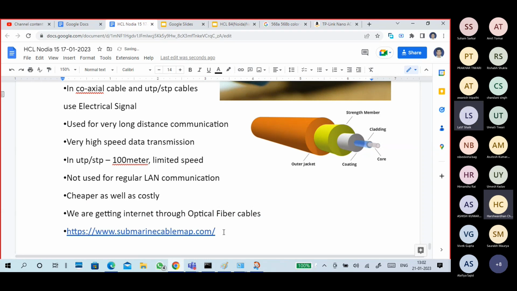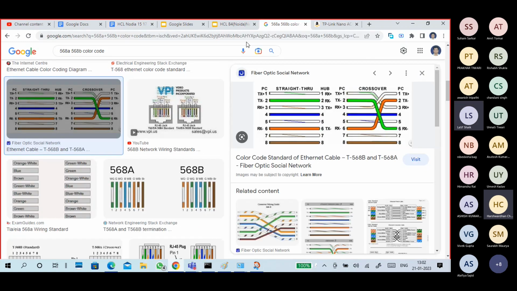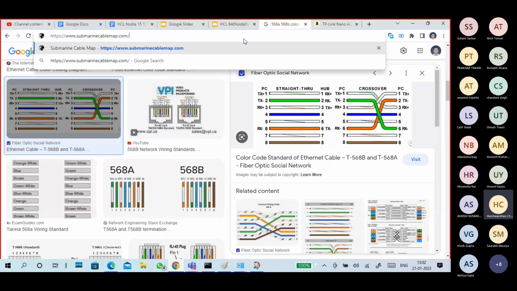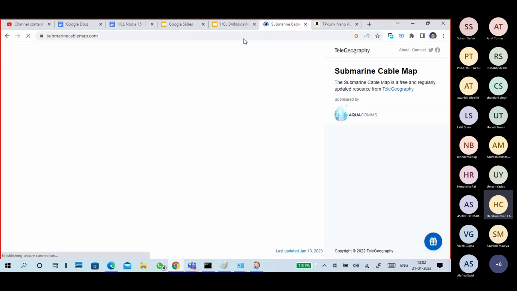Guys, this is a site. I'll show you this site here. This is a submarine cable map from India and other countries. There are a lot of cables underground and under the ocean.